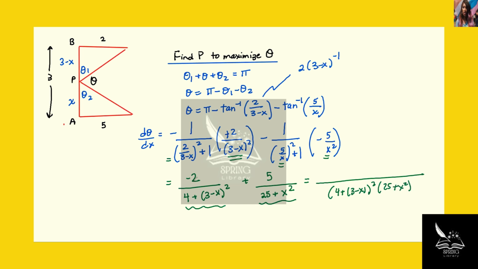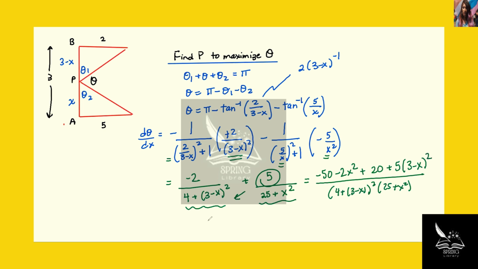I'm going to do the minus 2 times the right denominator, and I'm going to distribute. So I'm going to get minus 50 minus 2x squared. And now 5 goes times this denominator. So I'll get, and I'm going to distribute, plus 20 plus 5 times 3 minus x squared.